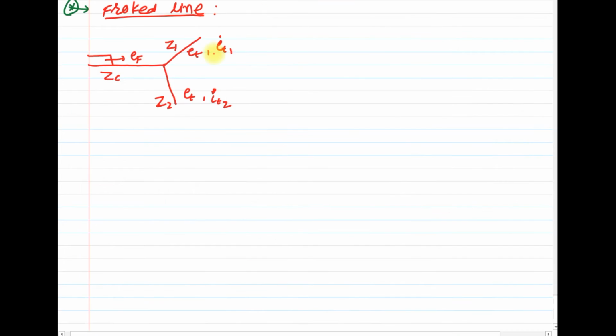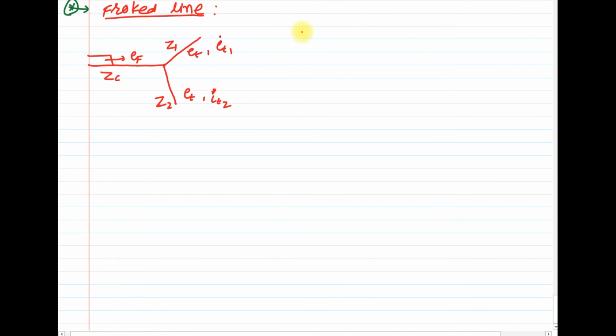But in this case, the transmission line is divided at a junction with two different impedances. So such a line is known as the fork line. And for the fork line, we have to write the equations for ET, IT, and ER, IR.